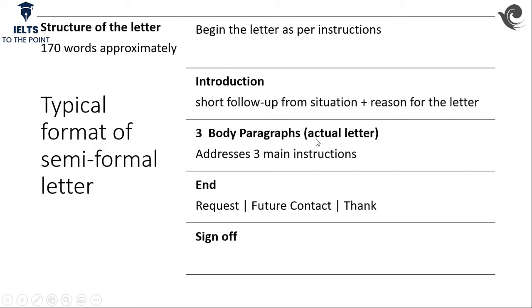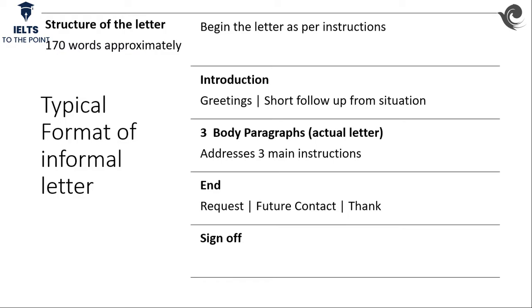After that, you will explain the reason for writing the letter. Then you will have 3 body paragraphs. This is the actual letter, and you will address the 3 main instructions in individual paragraphs. Then in the end paragraph, you will request, write future contact and thank the person, and lastly you will sign off.